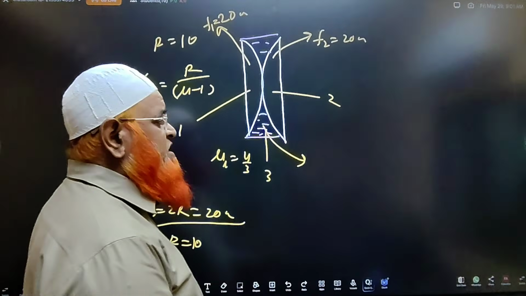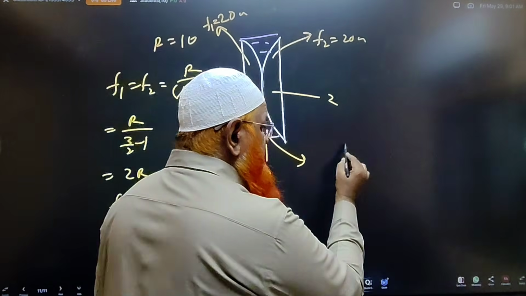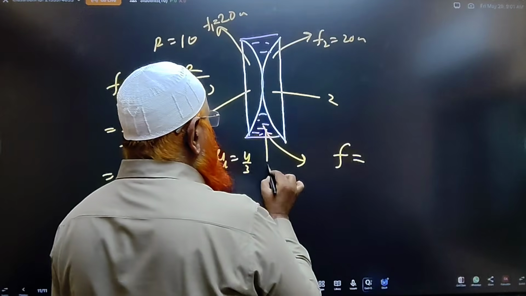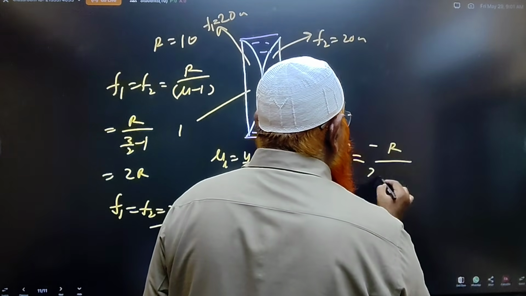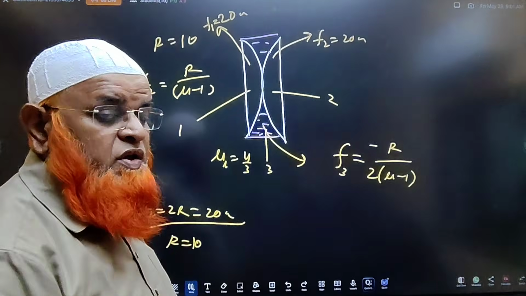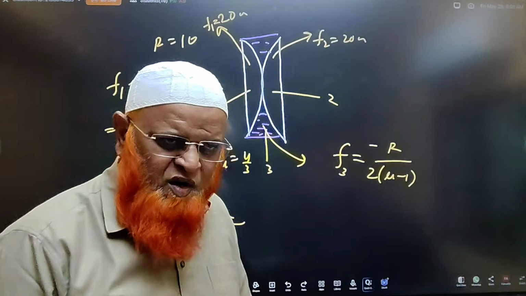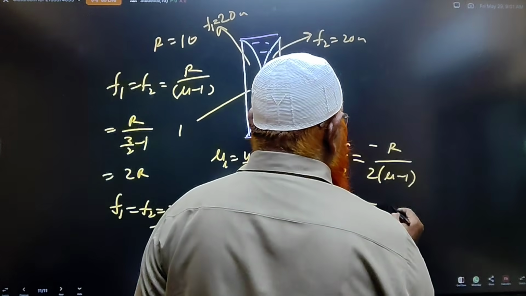Okay, so what are we going to do for that? For the middle one, this is the equiconvex or equiconcave formula. Let us imagine this is 1, 2, and the middle one is 3. So F3 is going to be minus R by (2 mu minus 1) for equiconcave, while plano-concave is without the 2. That's a small difference. What is the toughness here? The radius of curvature we have taken as 10 here.